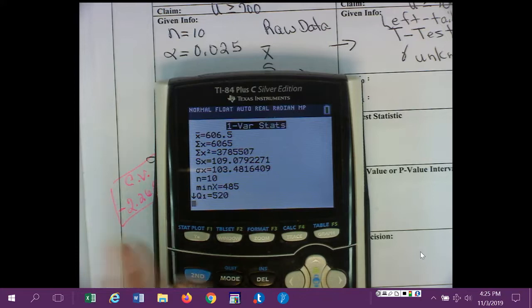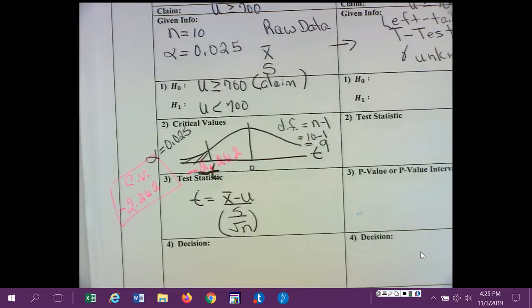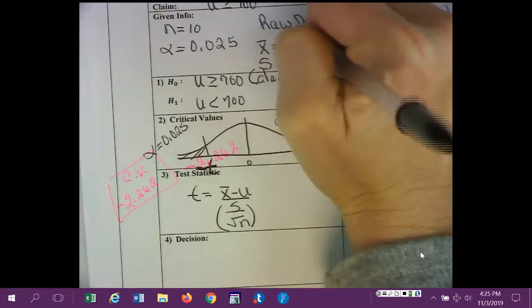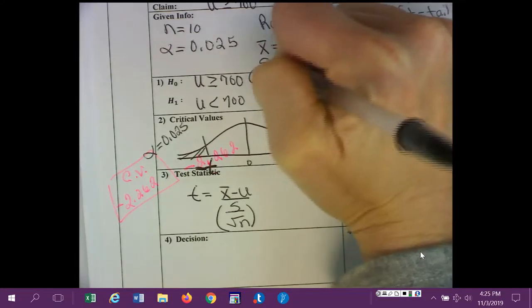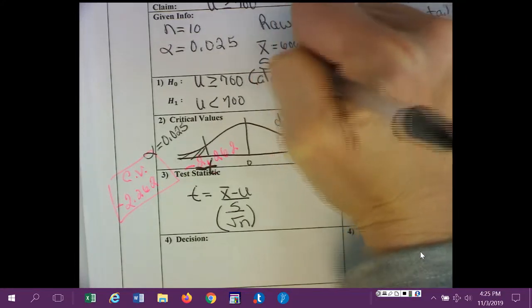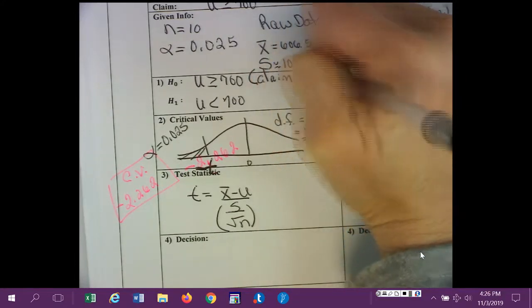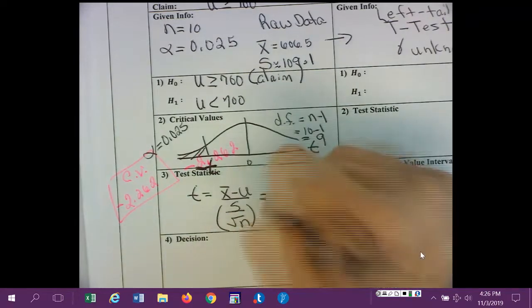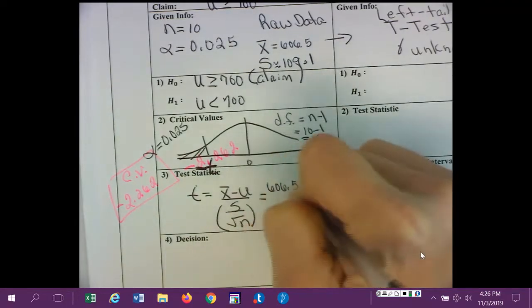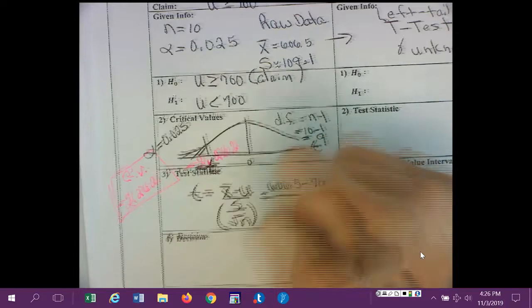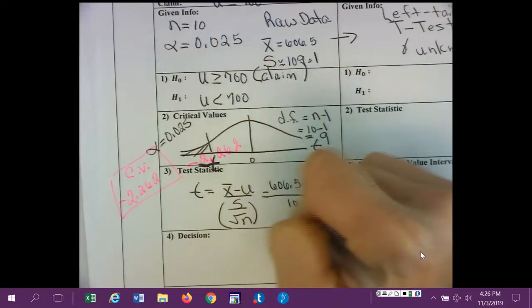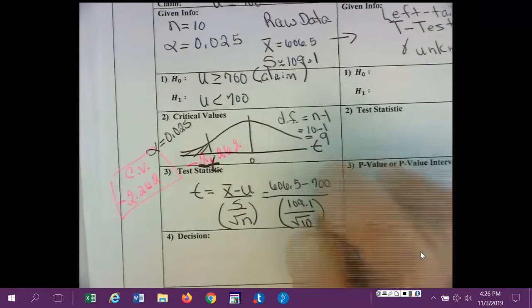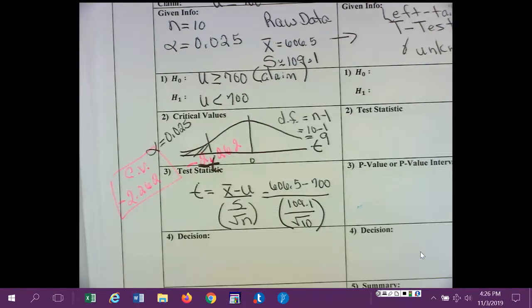So I'm going to write that information down, and I'm going to go back up here, 606.5, and approximately 109.1. And then we can plug in here 606.5 minus 700, all divided by 109.1 divided by the square root of 10. And it's going to be a negative test statistic.